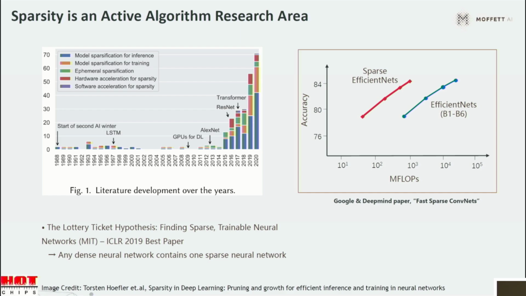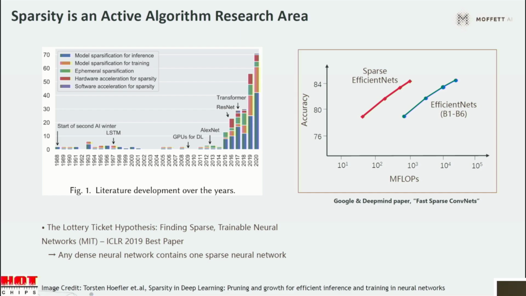On the right side is a paper from Google DeepMind called Fast Sparse ConvNets. I think these are very interesting figures. They show sparse EfficientNets versus EfficientNets.